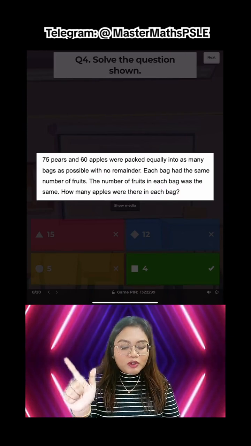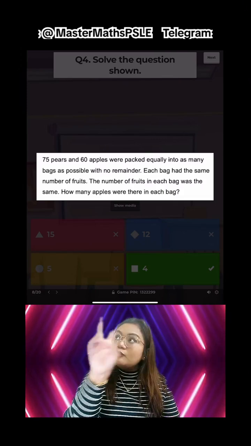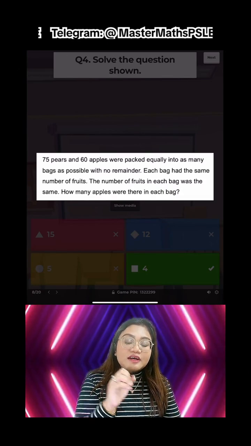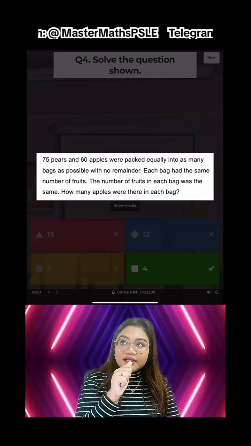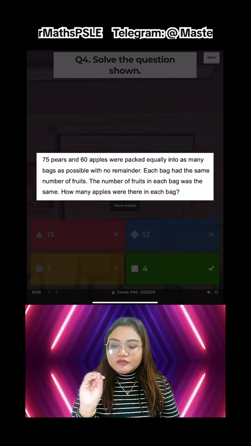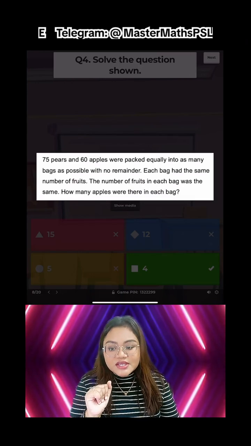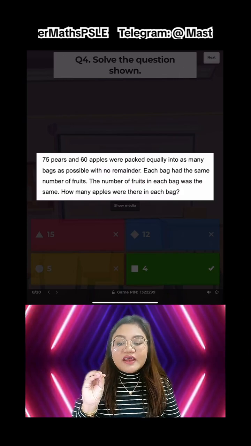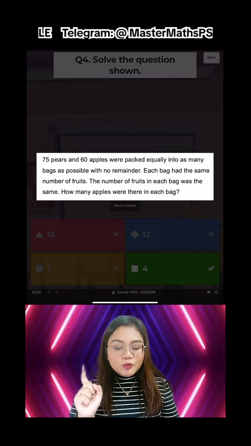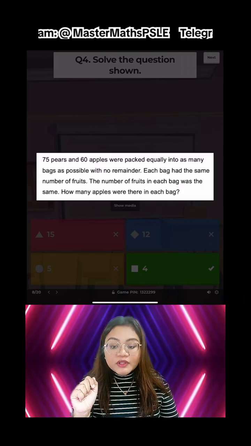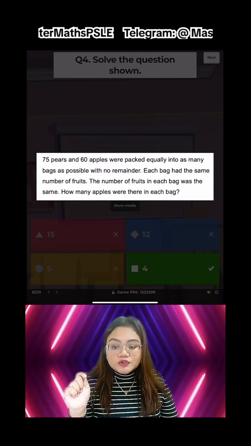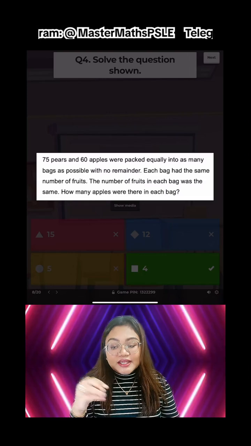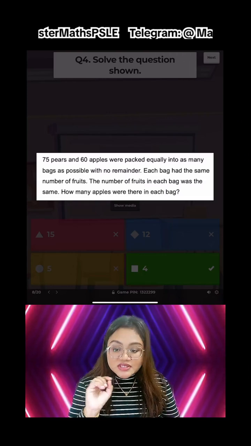Last year there were two multiples questions. And then the year before there was a factor question. There was another multiples question. So they love to test you on factors and multiples in recent years. So guys, please make sure you know how to identify factors and multiples questions, so that you can solve the questions and you know what kind of methods to use immediately.